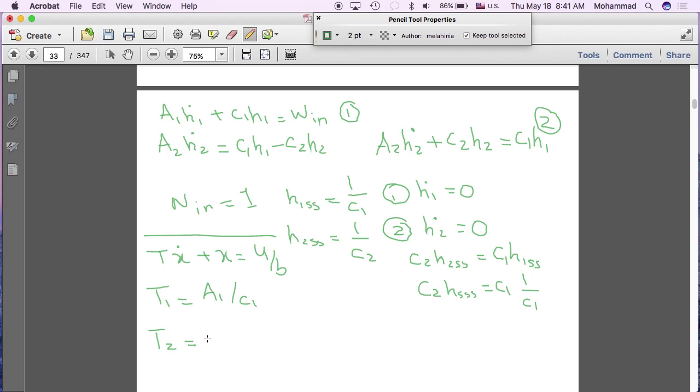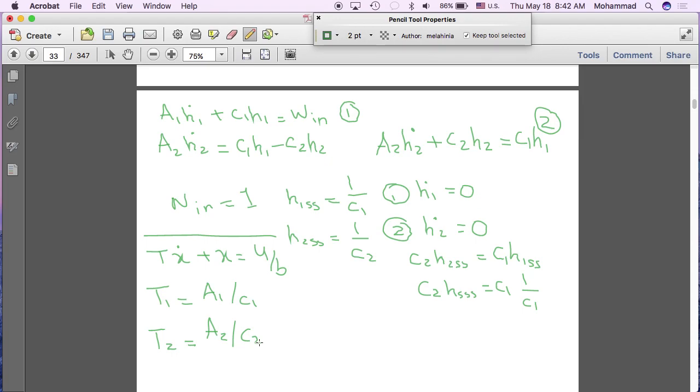T2, if you look at the equation, is going to be equal to A2 divided by C2. Now, depending on the numerical values for A1, A2, C1, and C2, you can calculate exact numbers for the speed of the system or where the two tanks will settle if you give it a specific input.